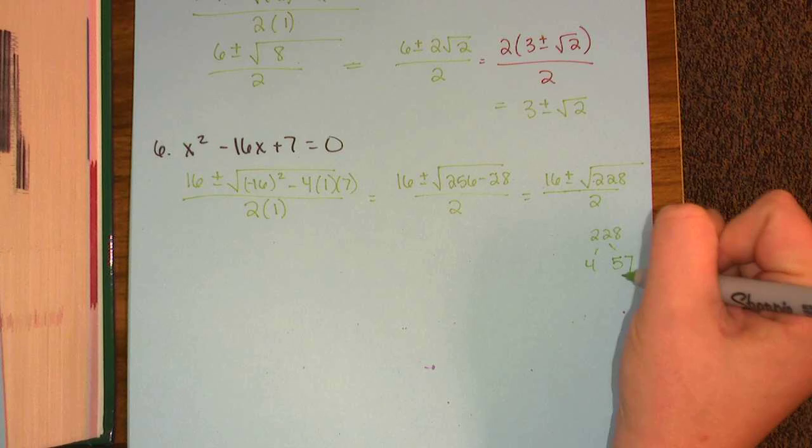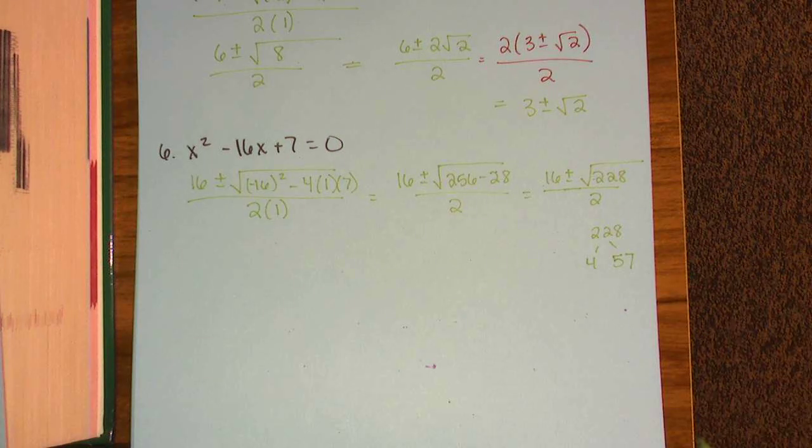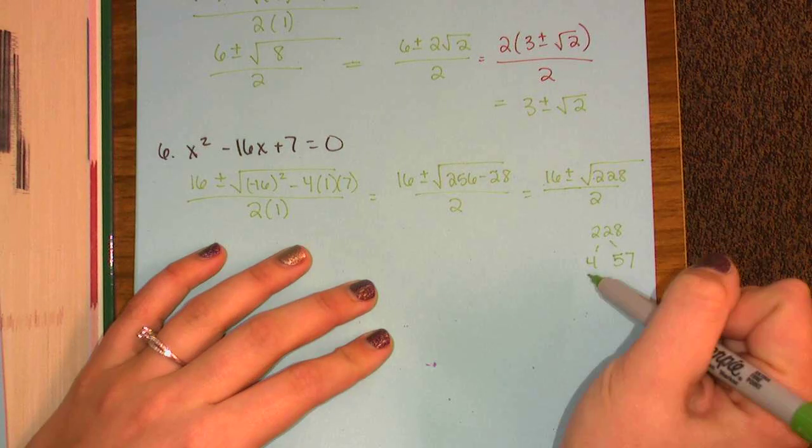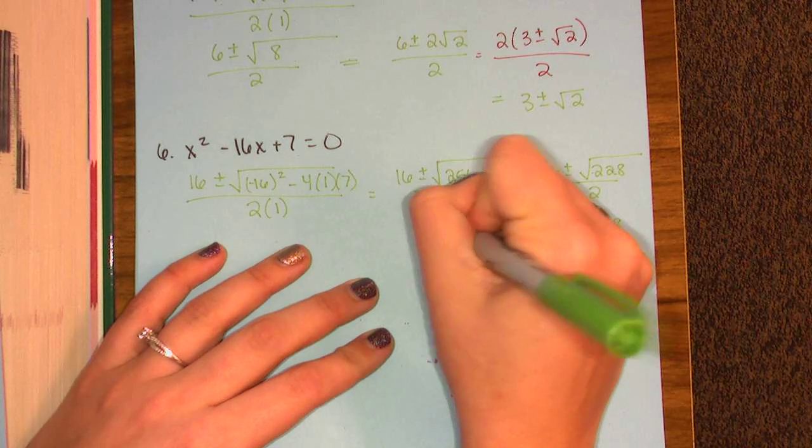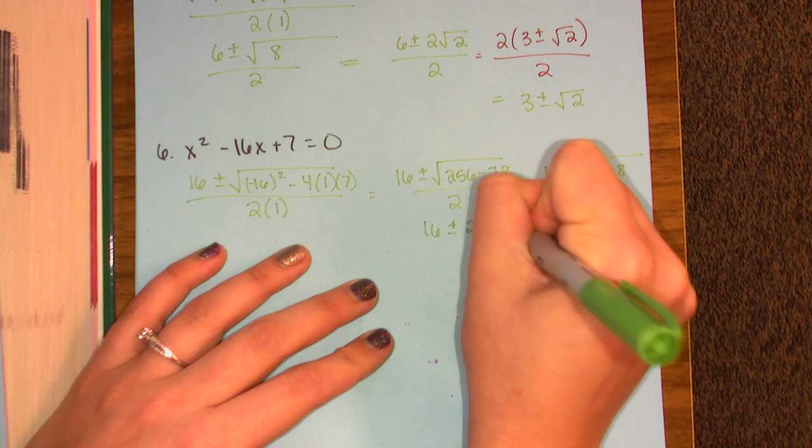And then I don't think 57 simplifies any farther. So then it'll ultimately pull out a 2. So 16 plus or minus 2 root 57 over 2.